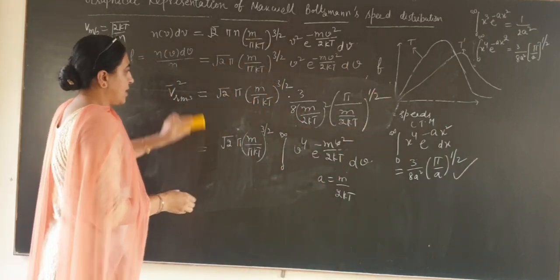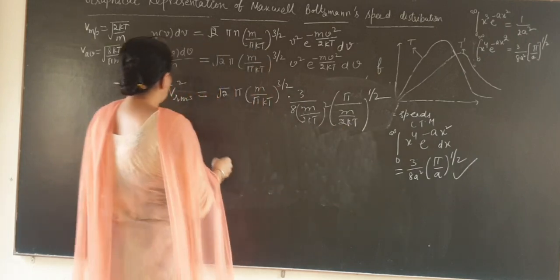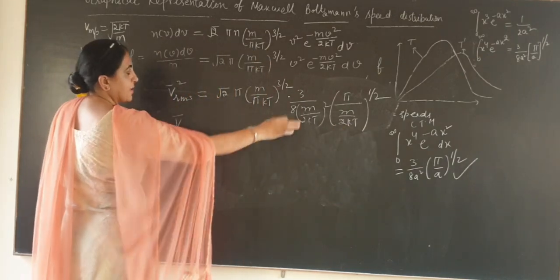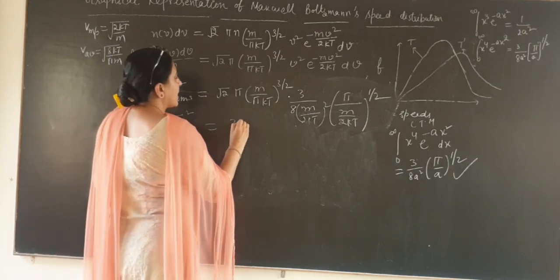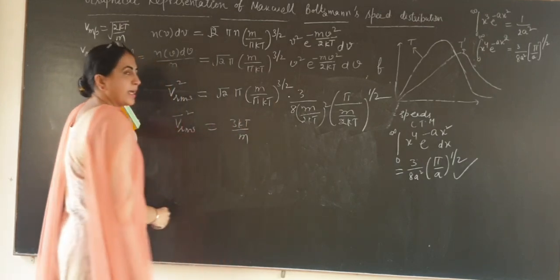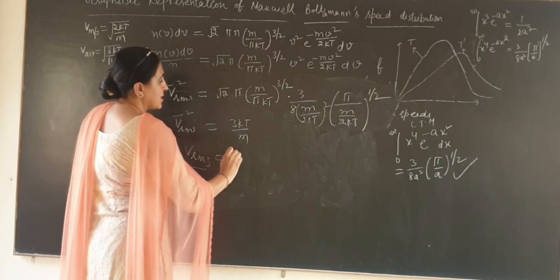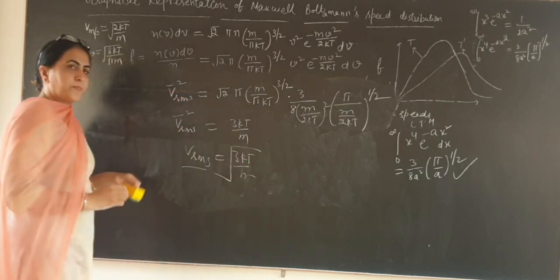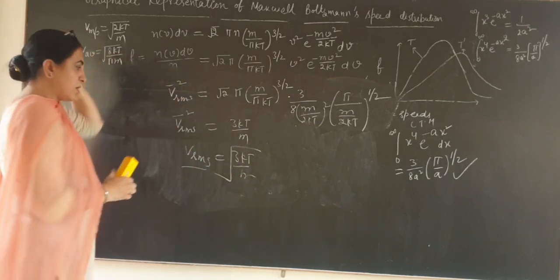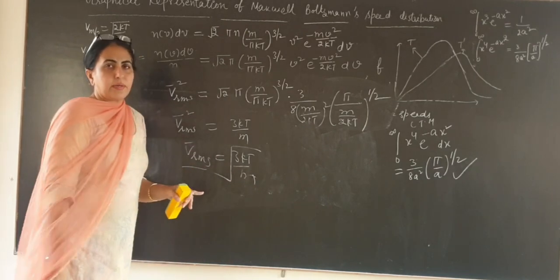So this is the velocity, that is Vrms squared. Now when you solve this, you can solve it yourself. This is a very easy calculation. You get 3kT by m, and when you want to find Vrms, this is equal to √(3kT/m). So this is our Vrms.